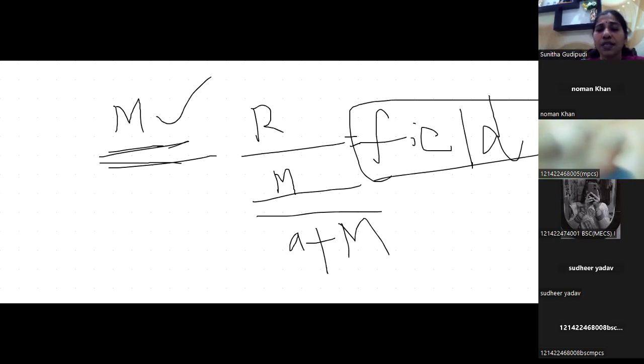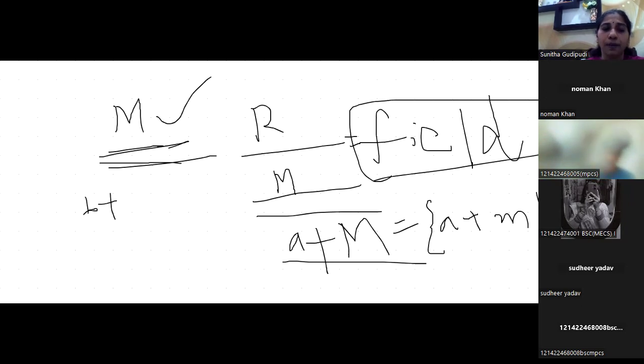The set of all a plus small m, where small m belongs to capital M, is the coset. Now take any element from this set, say a plus M. What we need to exhibit is, there exists a b plus M in R by M such that a plus M into b plus M is equal to 1 plus M.